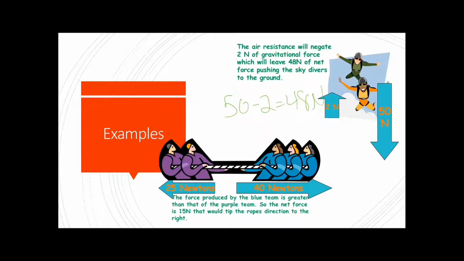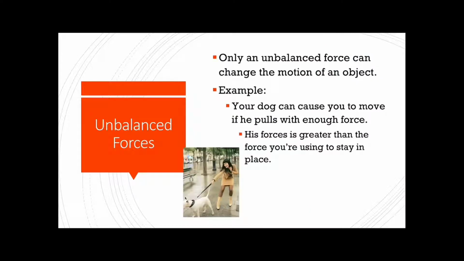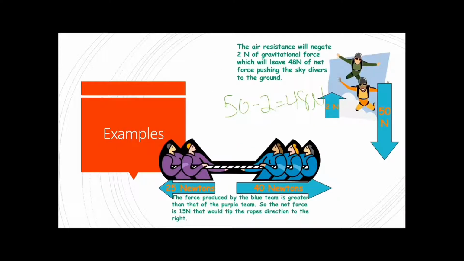What about the tug of war picture here? Well, that's not fair. The blue team has 3 people, whereas the purple team has 2. So the blue team is pulling with a force of 40 newtons. The purple team is pulling with a force of 25 newtons. So 40 minus 25, that gives us a net force of 15 newtons towards the blue team.